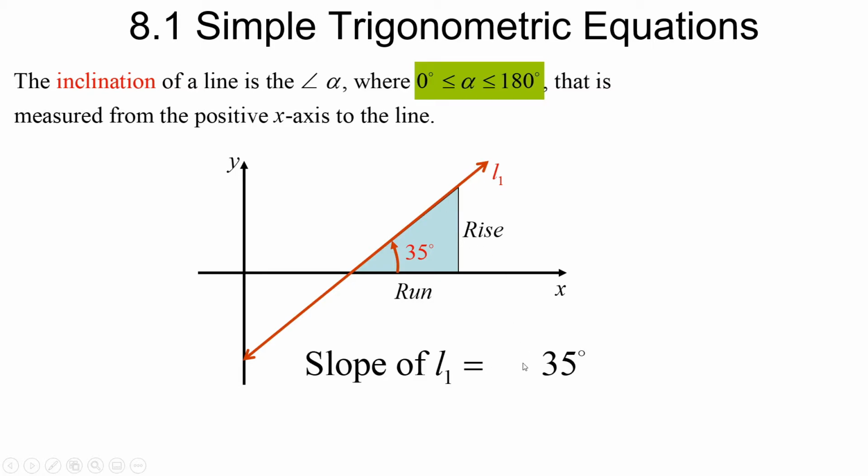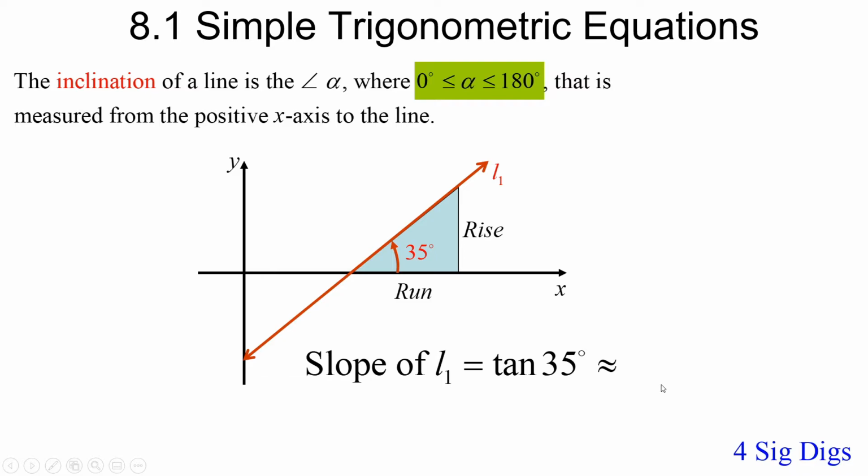Well, tangent of 35 degrees would have to equal my slope. So let's punch out tangent of 35 degrees. And again, we are in degrees already from the last problem, so let's just go tangent of 35 degrees. And I'm getting approximately 0.7 or 7/10.